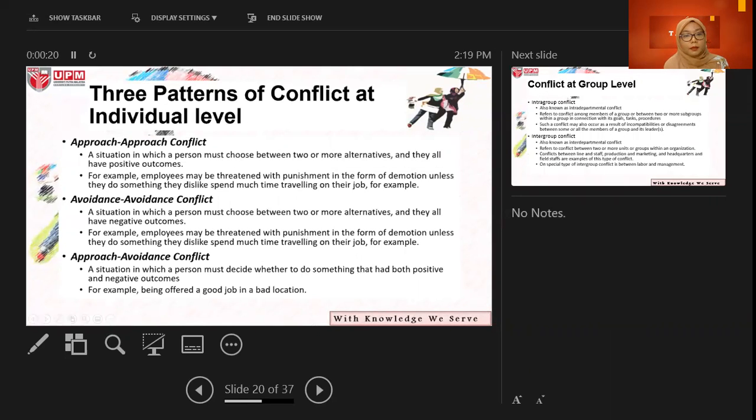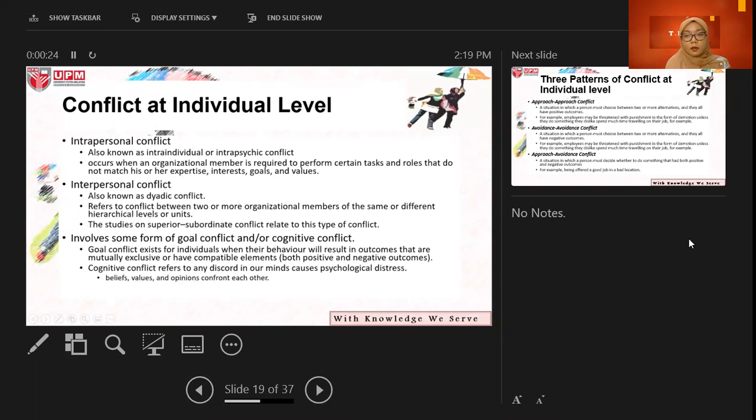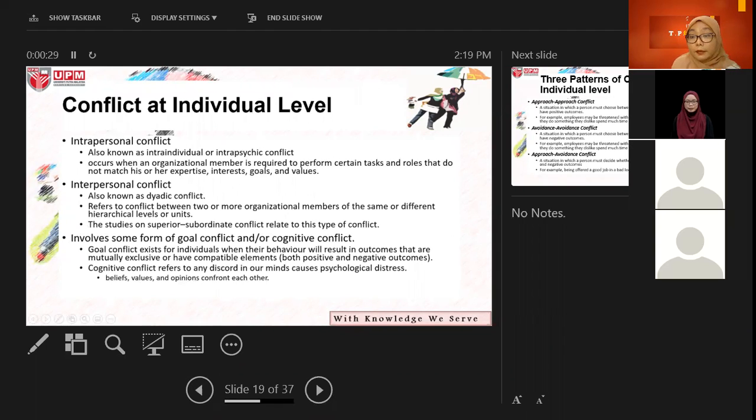or more, of the same or different hierarchical levels or unit. Different hierarchical ni sama ada the conflict tu happen between you and another person at similar position or different position, similar department or different department.